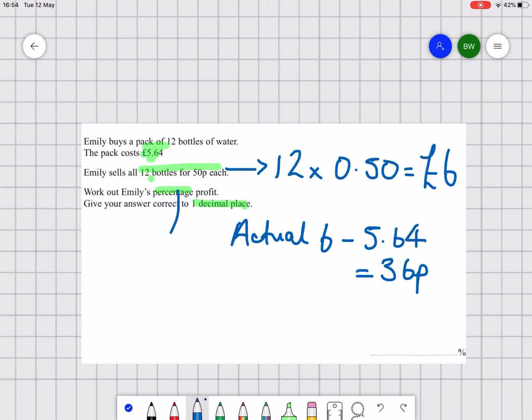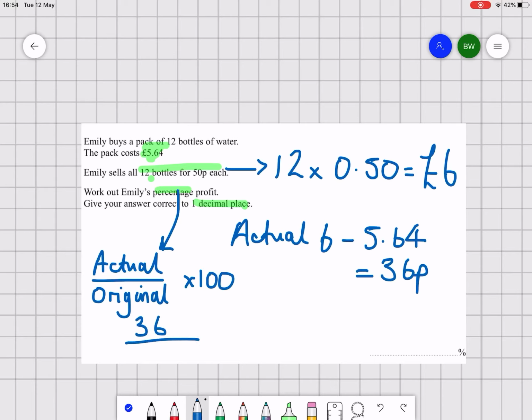So to work out the percentage profit, I'm going to do actual profit divided by the original and times it by 100 to make it a percentage. So the actual profit is 36 pence. So if I'm writing it this time in pence, divided by the original. So the original is how much she paid, 564, because we're leaving it in pence, times 100.